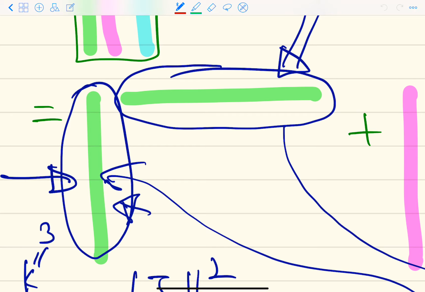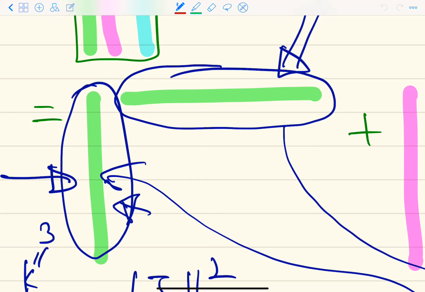This green part and that green part will now be exactly the same, right? In the previous case, one of them was fixed as a constant, and the other one was just solved using this second order polynomial.